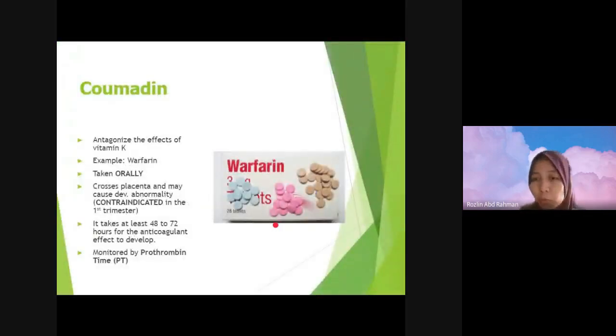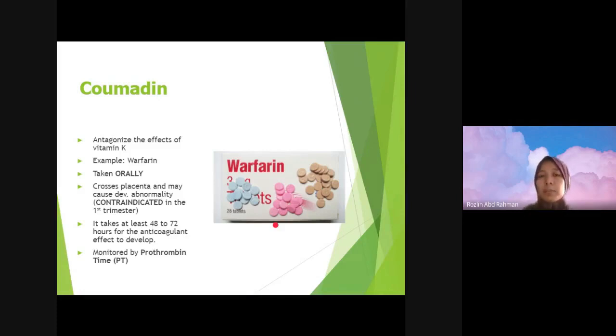So coumadin or warfarin opposes the vitamin K effect. One example is warfarin, which we give orally. Okay, and because warfarin can cross the placenta and cause teratogenic effects, we do not give it to pregnant mothers. And it takes about 2 to 3 days before the effect takes place.